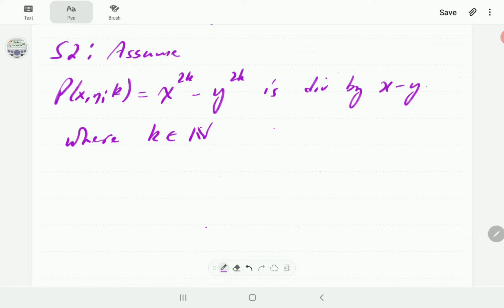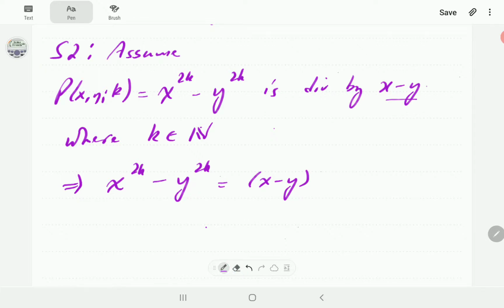Now, of course, assuming that this is divisible by x minus y implies that x to the power 2k minus y to the power 2k must be equal to x minus y times a polynomial this time. So let's call that polynomial, we've already used p, so let's call it q.